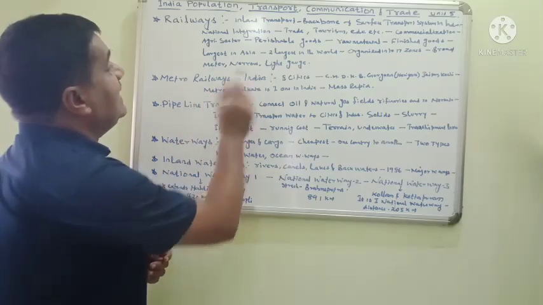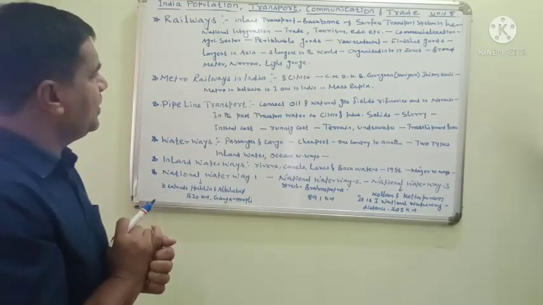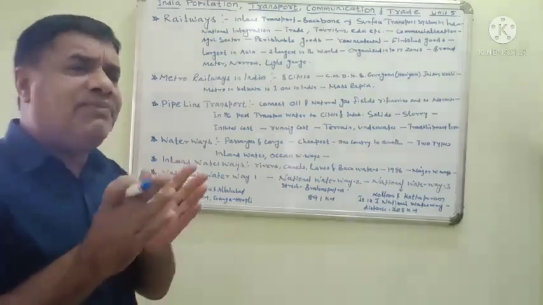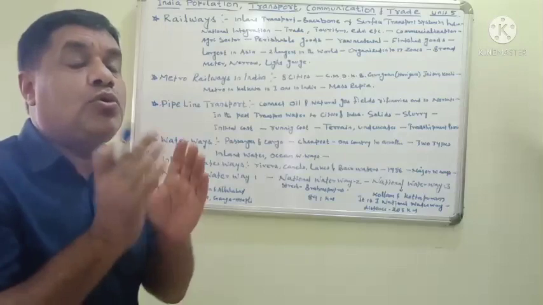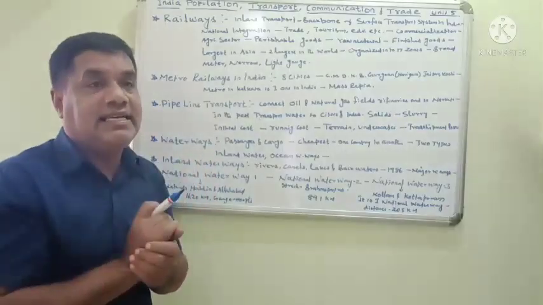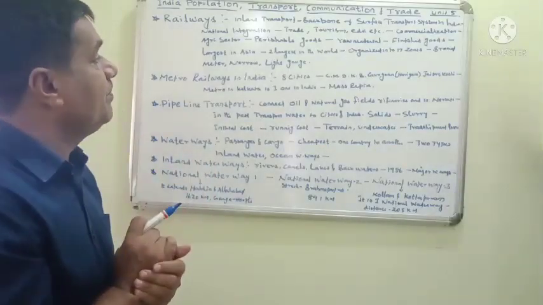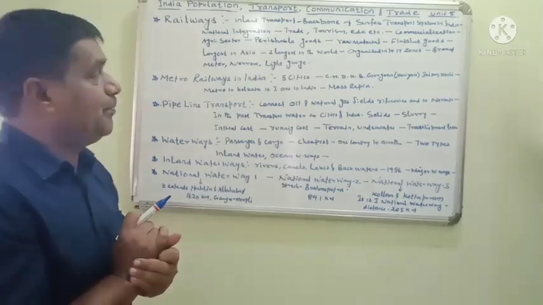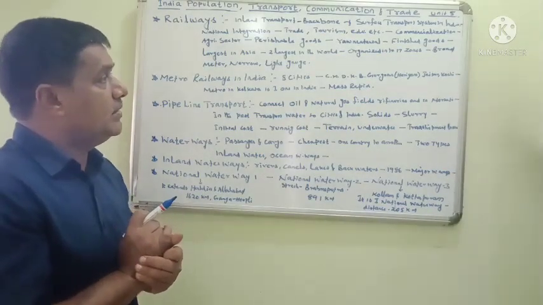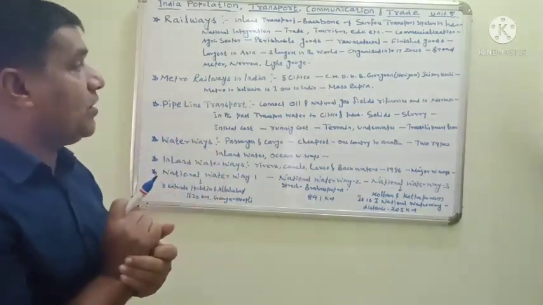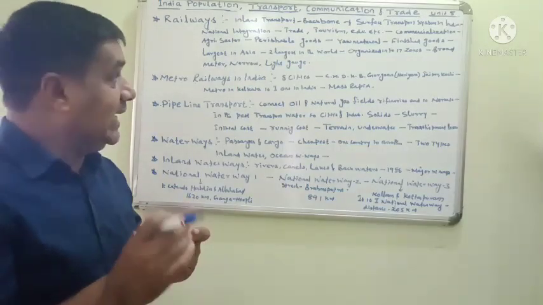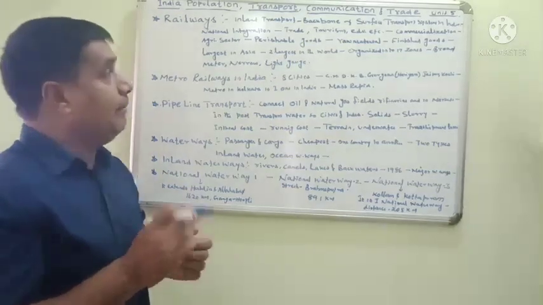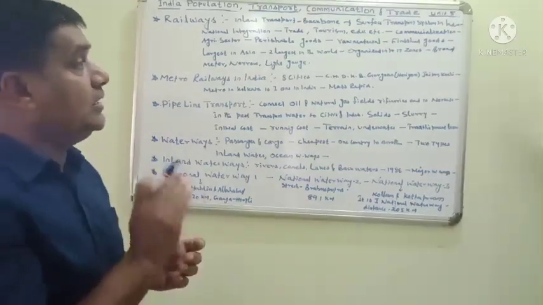Metro railways in India. Metro railways in our country connect 8 most important cities. The 8 important cities are Chennai, Mumbai, Delhi, Kolkata, Bangalore, Gurgaon, Jaipur and Kochi.